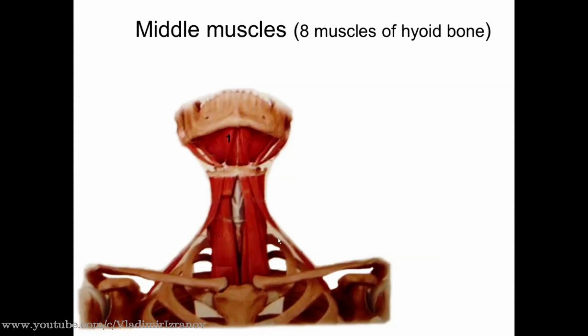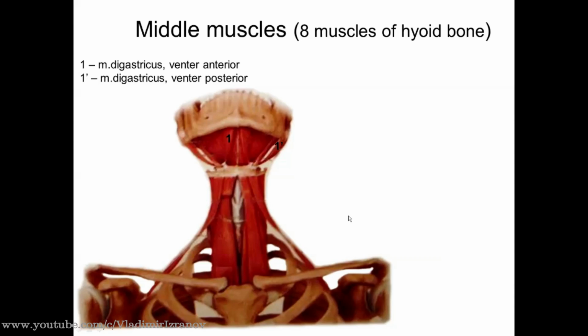Now in detail. Muscle number 1. What is it? Musculus digastricus, venter anterior. Musculus digastricus, number 1 with apostrophe.